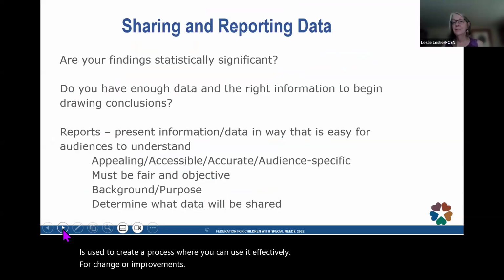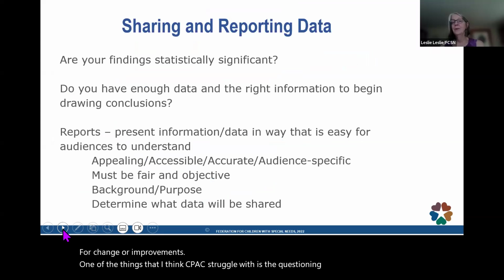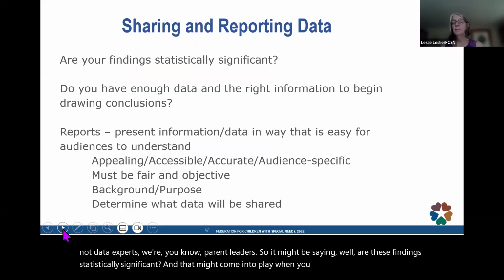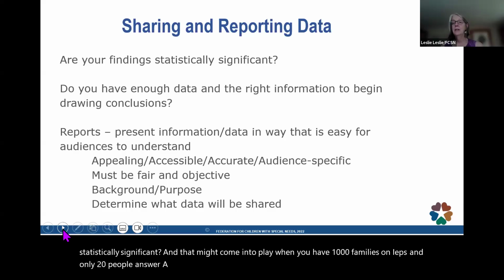One of the things that I think CPACs struggle with is the questioning of the data, because we're all not data experts, we're parent leaders. So it might be saying, well, are these findings statistically significant? And that might come into play when you have 1,000 families on IEPs and only 20 people answer a survey or provide data.